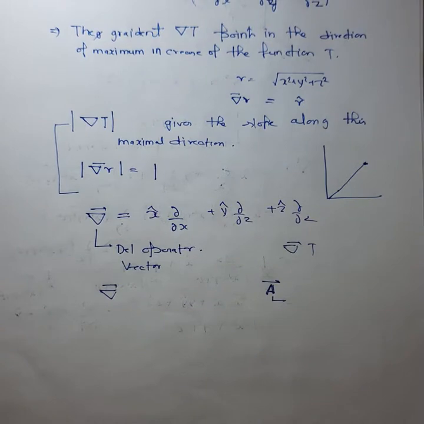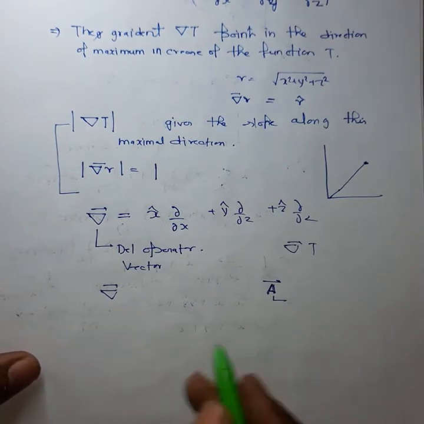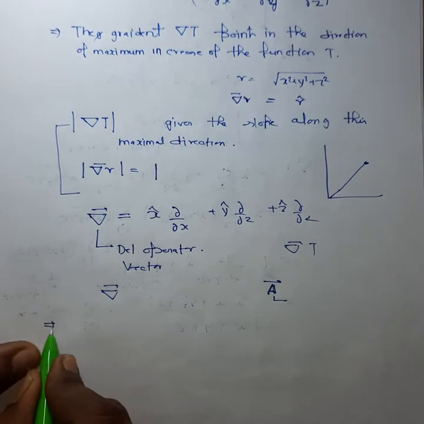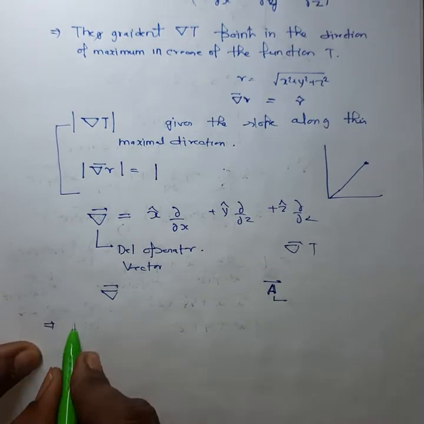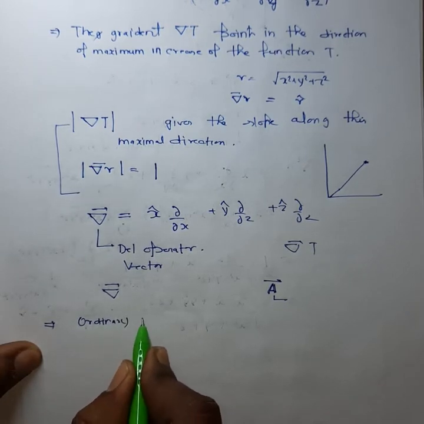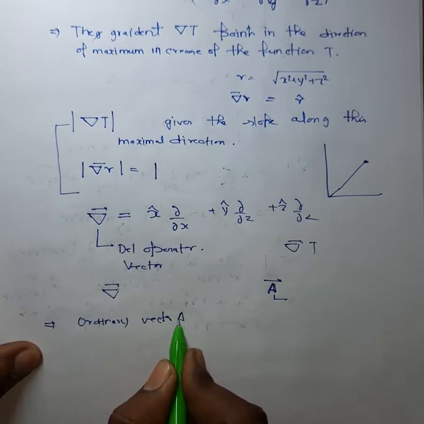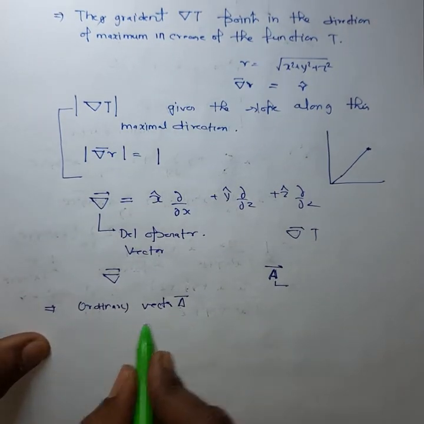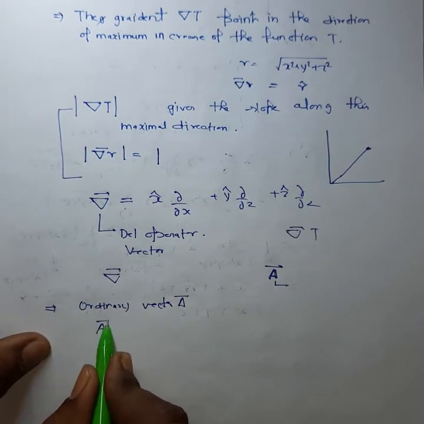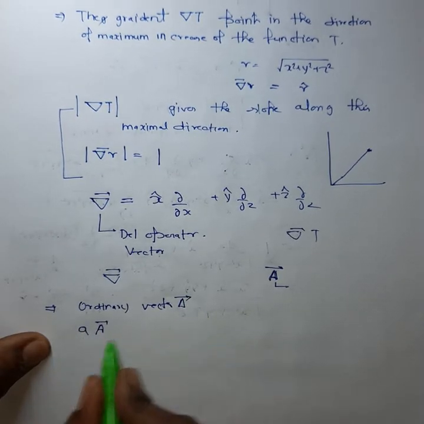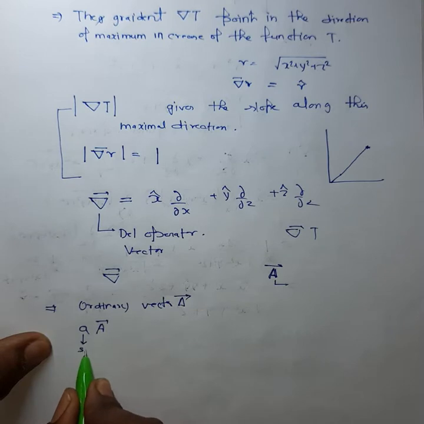First we discuss the ordinary vector. So you can multiply an ordinary vector a with a scalar.